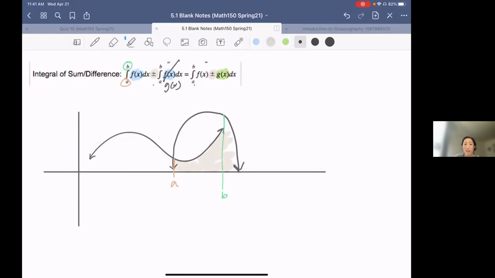Now, if you said, I want to shade the region from A to B between g of x and the x-axis, what would that look like? This right here. Okay, so we have that blue area and that gray tan area. And so if I added the functions together, what would that area be?